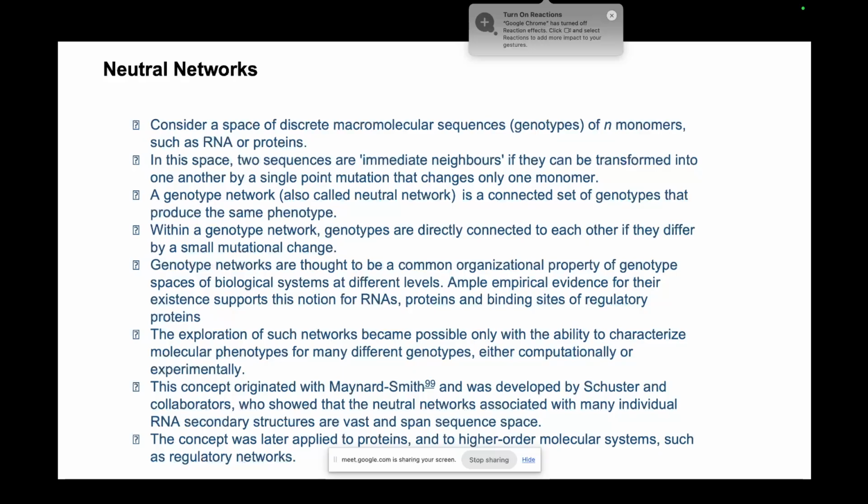A genotype network, which is called the neutral network, is a connected set of genotypes that produce the same phenotype. For example, you have a gene that is producing a particular phenotype.